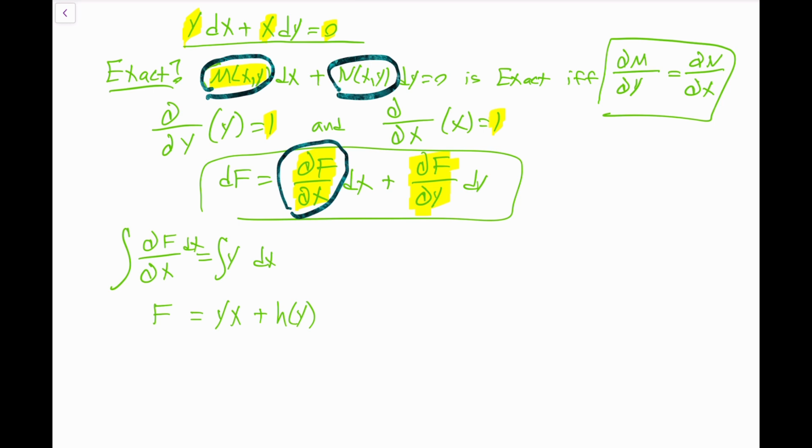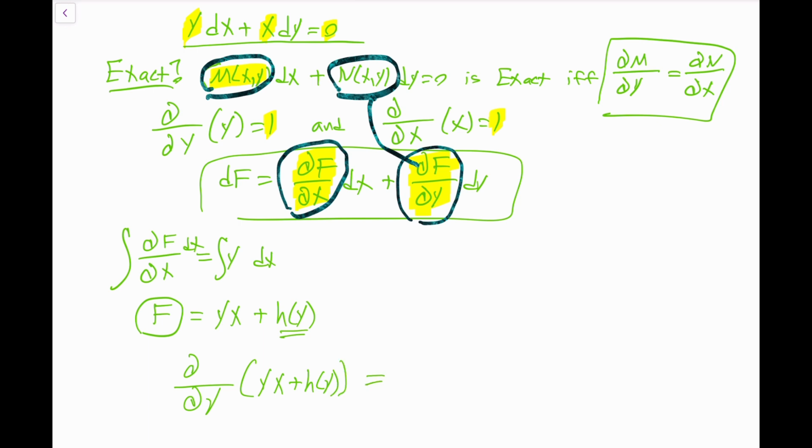Okay, we're getting close, but what is h of y? If we solve that, we'll then have our answer. Well, we know that the partial of f with respect to y is N of x,y. So let's take, because here we have f, the partial with respect to y of f, what is that? yx plus h of y is equal to N of x,y, which happens to be an x.